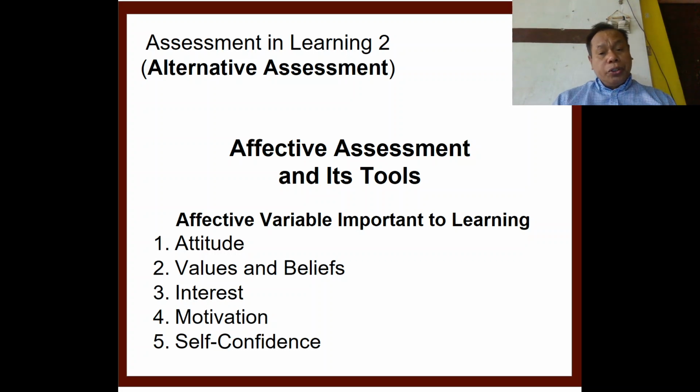Values are what you deem important, and beliefs are, in a sense, what you believe behind the physical world, no? Sometimes they call it metaphysics, or what you believe on things that you do not see.